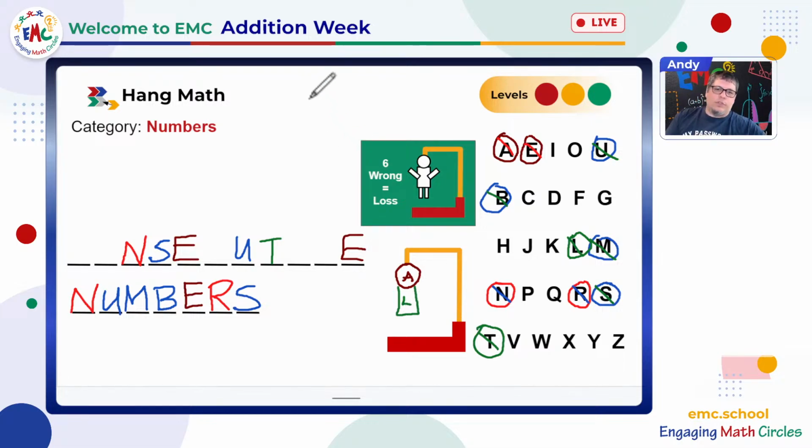A and L were traps today. A D. A D. There is no D.